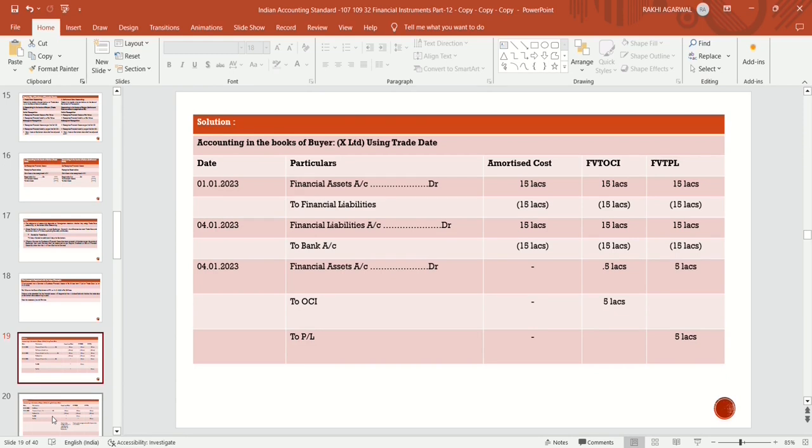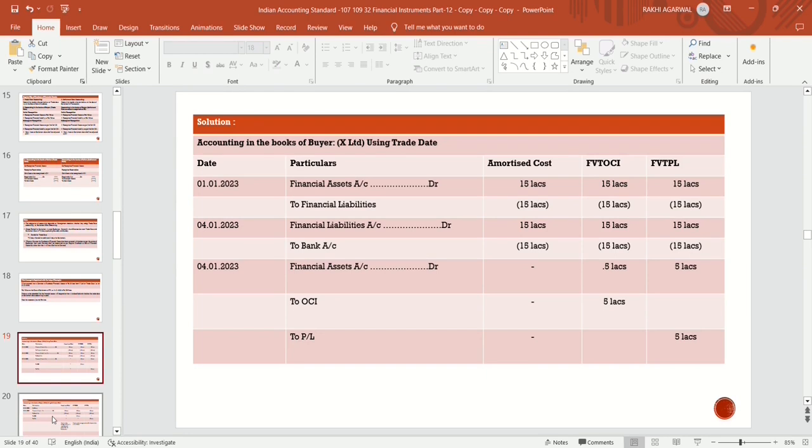So, financial liability account debit to bank. In case of amortized cost, we are recognizing at fair value, and we are settling at the amortized cost only. So, there is no gain or loss in this case. That financial liability is reversed, and the whole amount of 15 lakhs is to be paid.